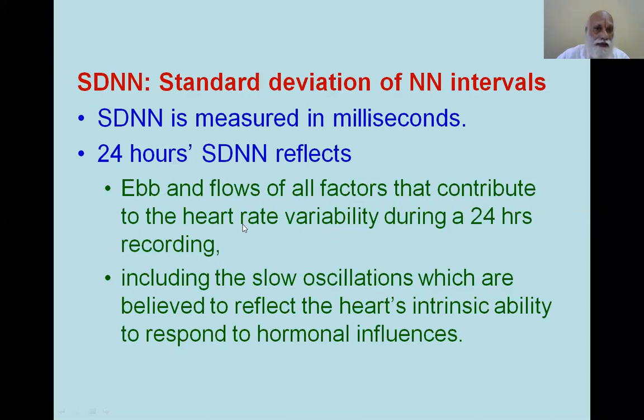So this depends upon how the heart rate variability is occurring over 24 hours and how it is increasing or decreasing. Then, it includes the slow oscillations, which are believed to reflect the heart's intrinsic ability to respond to hormonal influences. This means hormonal influences are not quick.